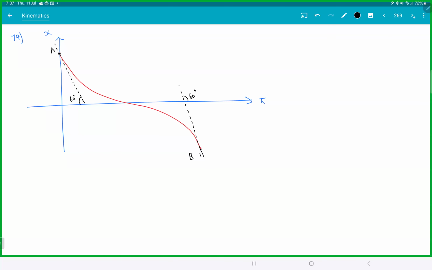This is point B. So the particle is going from A to B. This is your 10 seconds. This is 20 seconds, you reach B. This value here is plus 10 meters. This value here is minus 10 meters. That is the information you have on the graph. So the particle moves from A to B in 20 seconds.